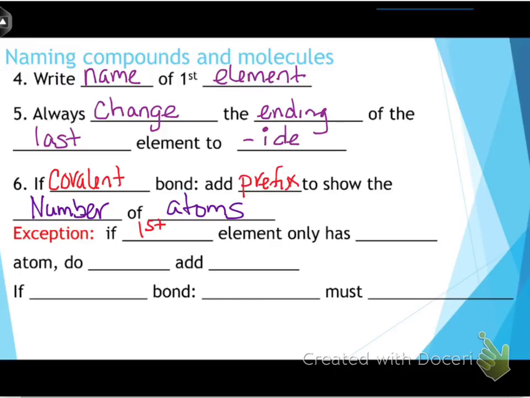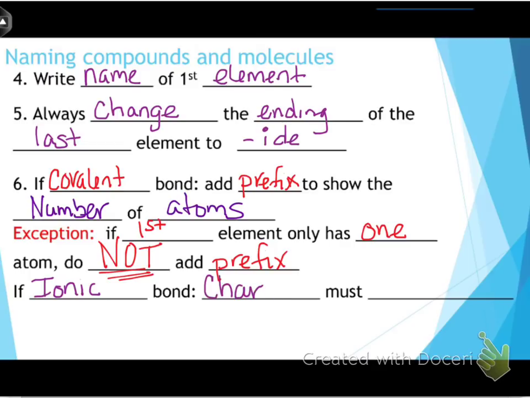And of course, like everything else, there is an exception to the rule. If the first element has only 1 atom, you do not add a prefix. And if it's an ionic bond, charges must cancel each other out, and we'll talk about those later.